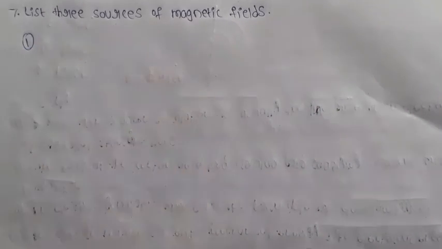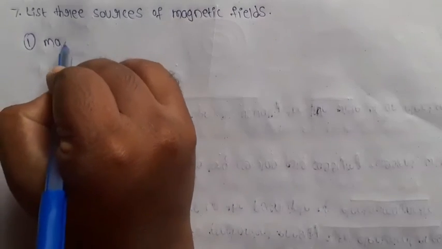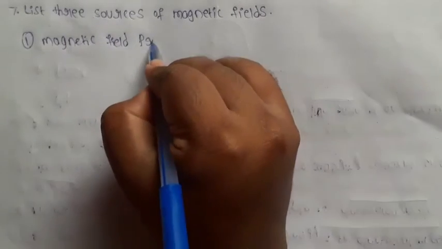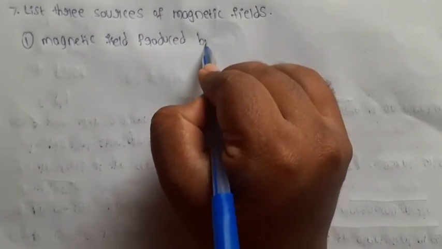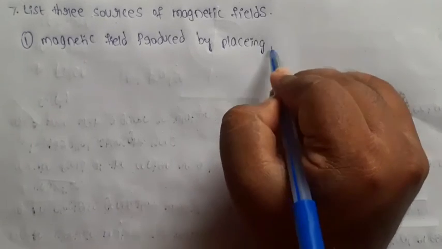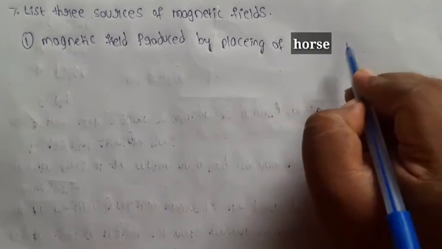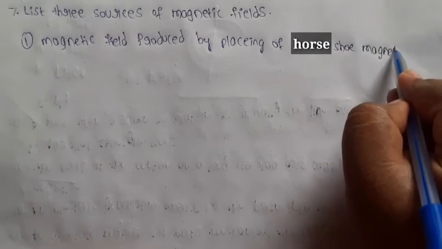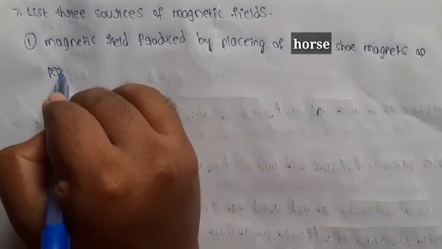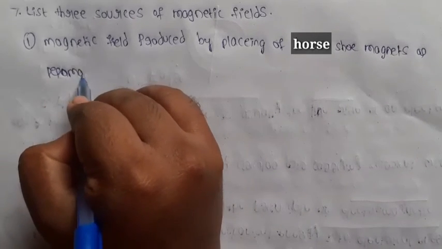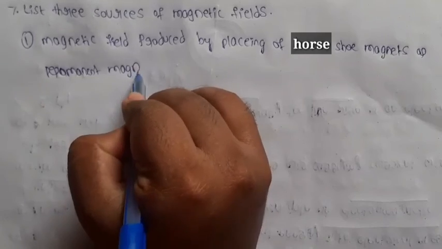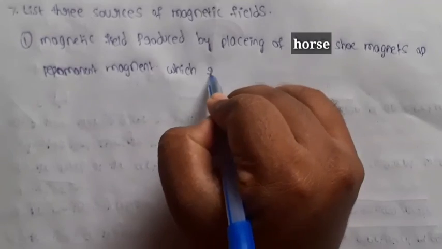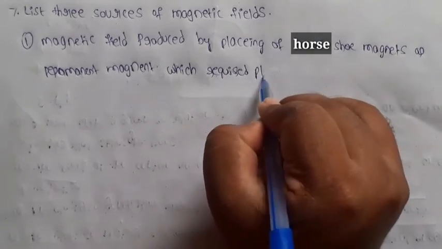First one, magnetic fields produced by placing a horseshoe magnet or permanent magnet in the required place.